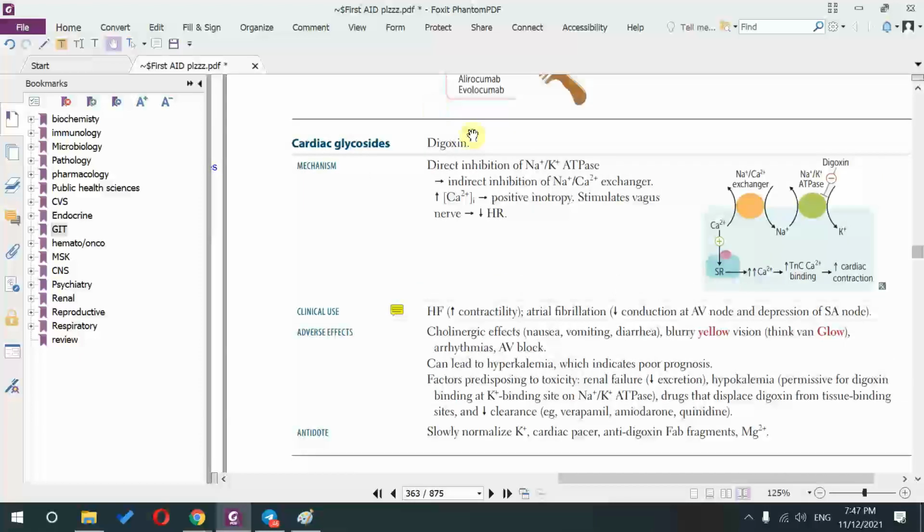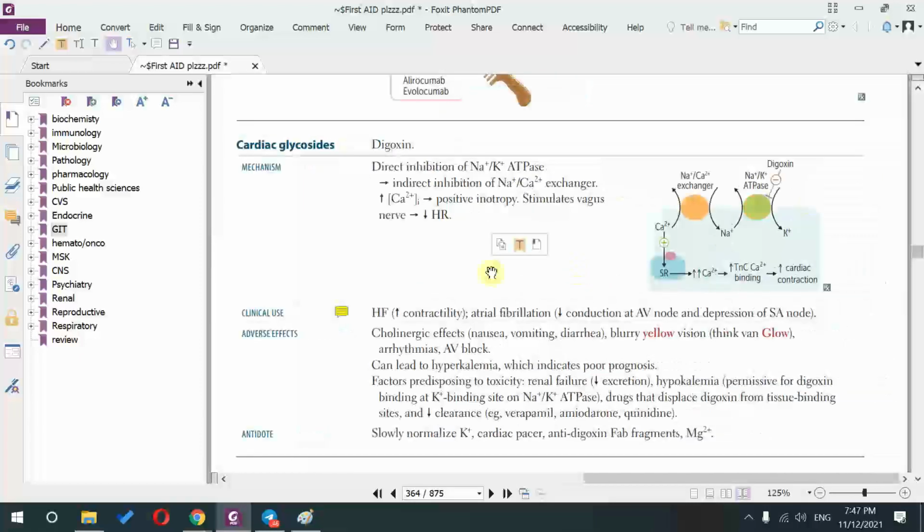So, digoxin, well, you know it, guys, already. Can someone tell me which pump is inhibited? We spoke about it, if you remember, in the first class. Yeah, it's the sodium potassium ATPase. That's correct. Okay, good.